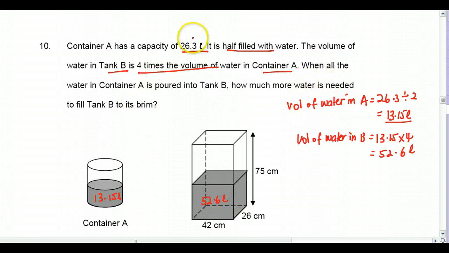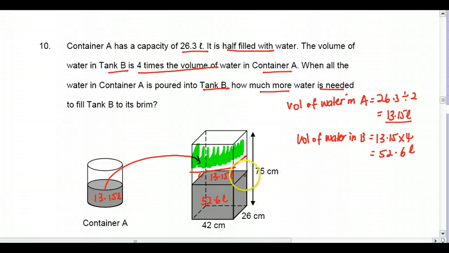When all the water in A is poured into B, so all this water is poured here, it will rise up to here, right? So this one is 13.15 liters. I want to find how much more water is needed to fill tank B to the brim. So in fact, I'm actually looking for this part of the tank, the volume of this part.